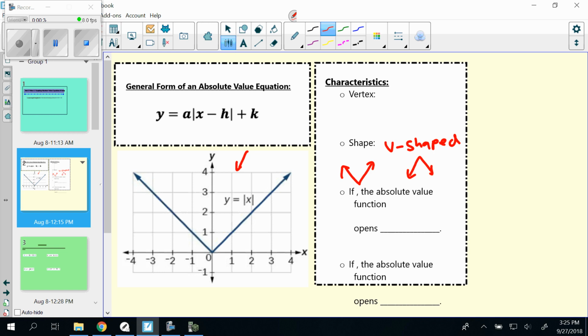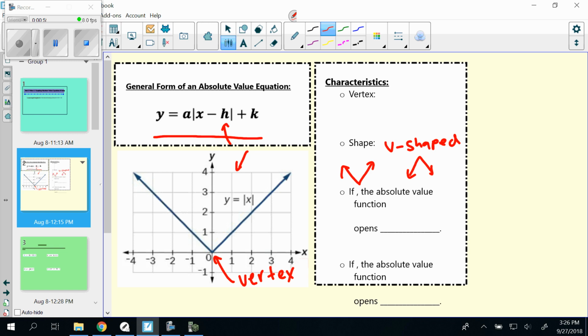going to be V-shaped. When you want to find the vertex, the vertex is the point where the V comes to a point. It's always going to come from this general equation of an absolute value function. The x value of where that vertex is always is going to be h.